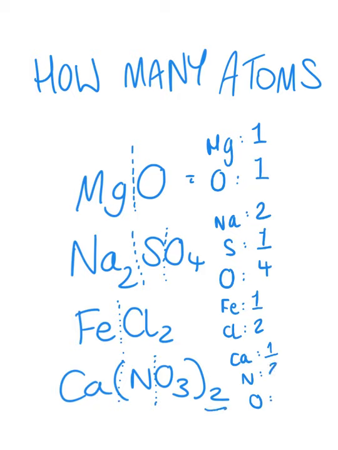So there would be 2 nitrogens. You are probably already thinking ahead and realising that there are 3 oxygens in the bracket times by the 2 on the outside, which is 6. So the last example there, the brackets, is the most difficult type of formulae you would get.